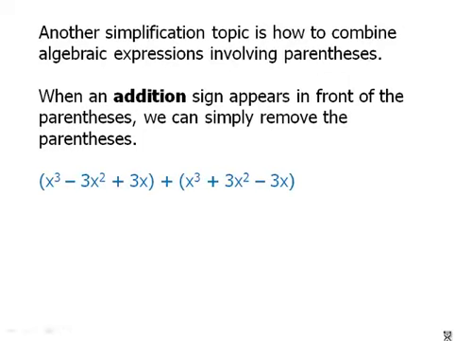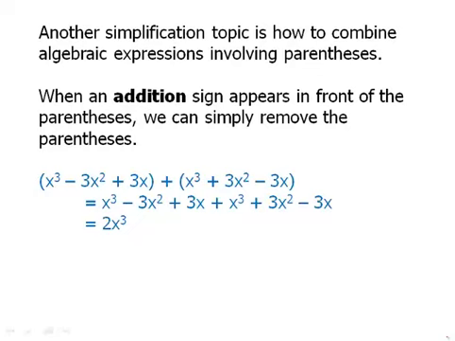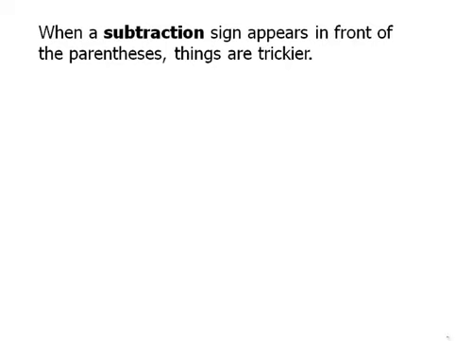So we can just write the exact expression again as if there were no parentheses at all, and then we can do our simplifying from there. And it turns out this simplifies just to the single cubic monomial 2x cubed.